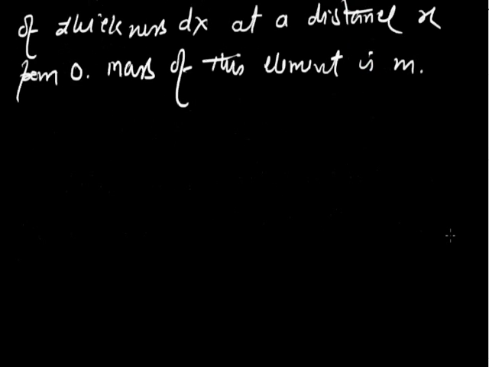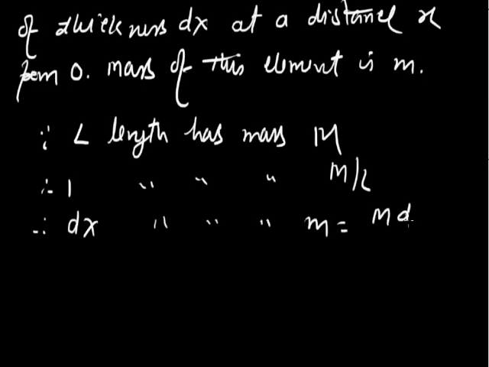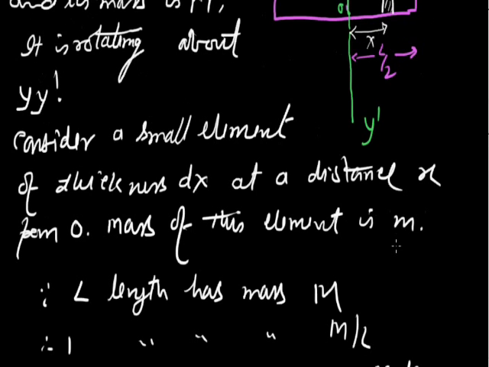We want to find the value of small m in terms of capital M, because total length L has mass capital M. So unit length has mass M upon L. The mass of length dx, that will be small m, is M into dx divided by L. That is the mass of the small element.